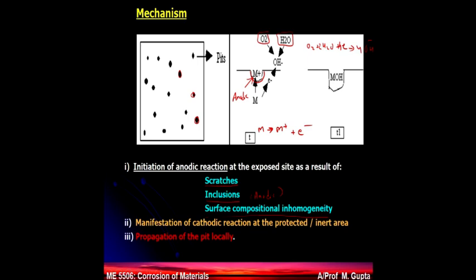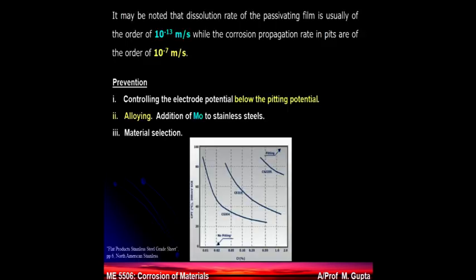Now again you have a very big cathode. The pit is the anode, very small, 1 to 2 mm to start with, and you have a very big cathode. The reaction proceeds very, very fast. So how fast is this reaction?